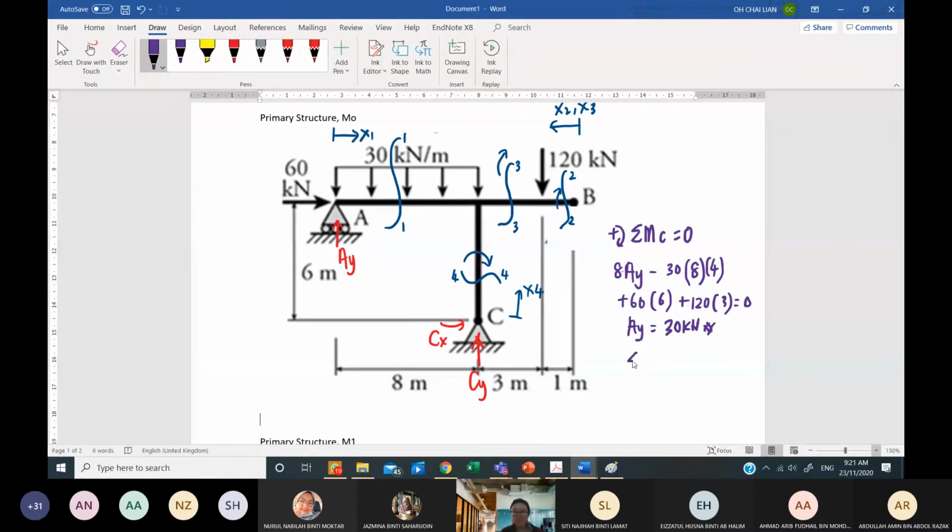Summation FY equal to 0. AY plus CY is upward, and the rest are downward, so I just move directly to the other side. I have 30 times 8 and 120, so now I can get my CY. Correct, CY. I check back: 30, 120, CY, AY. Okay.